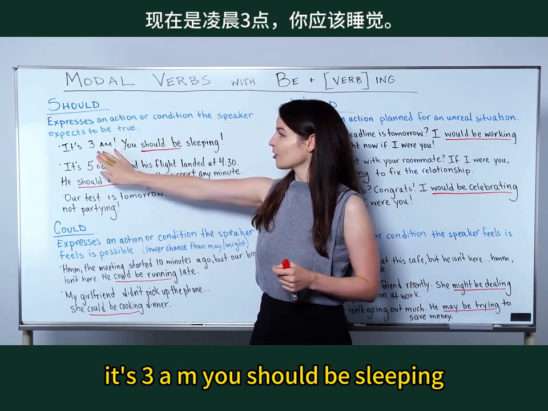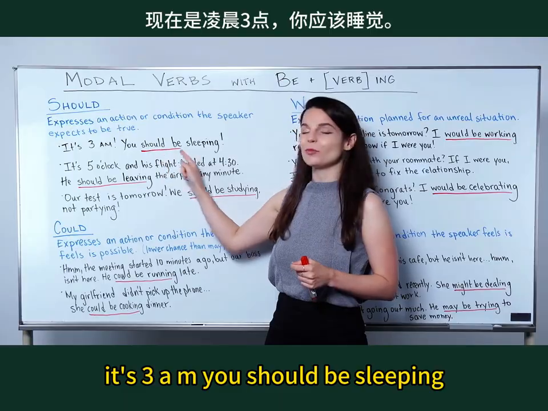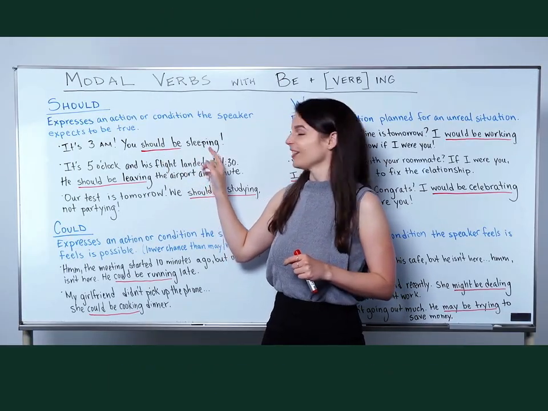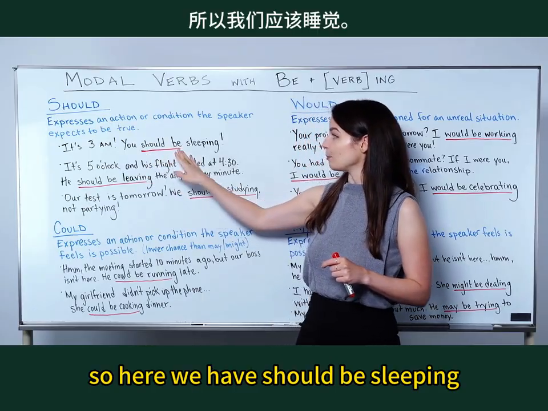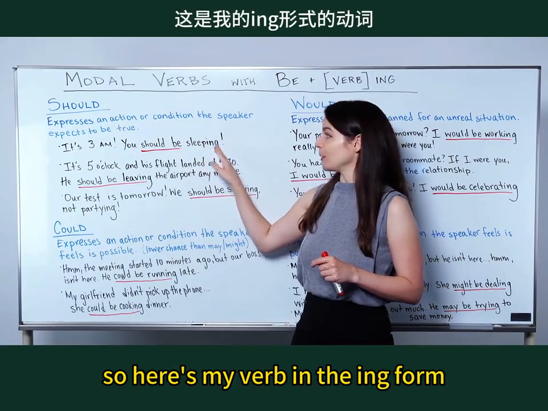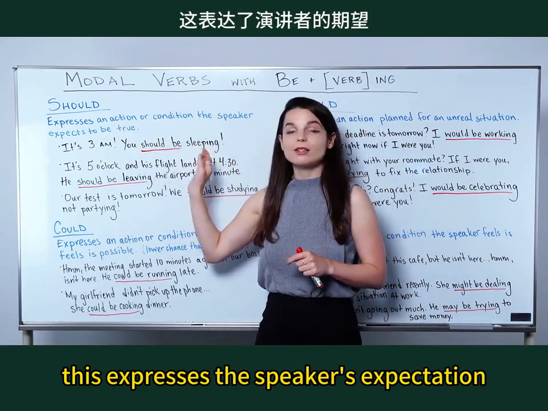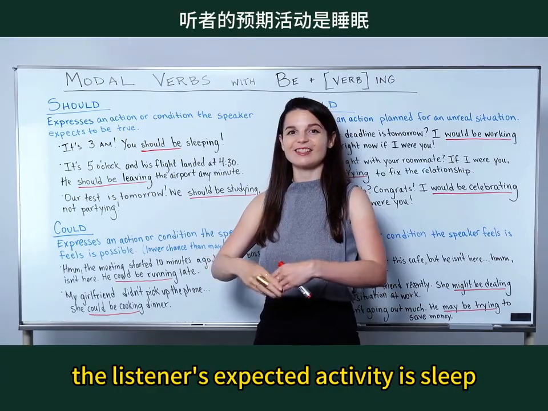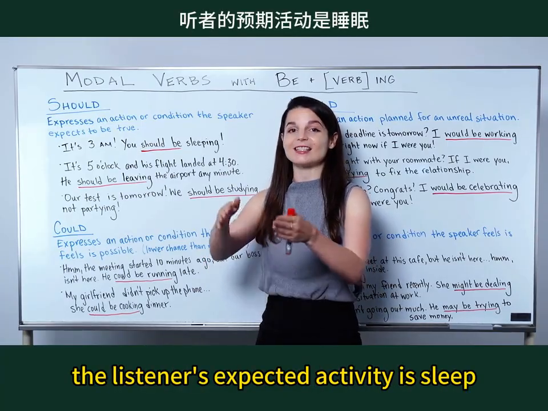First, it's 3 a.m. You should be sleeping. So here we have should be sleeping. So here's my verb in the ing form. This expresses the speaker's expectation that the listener's expected activity is sleep.